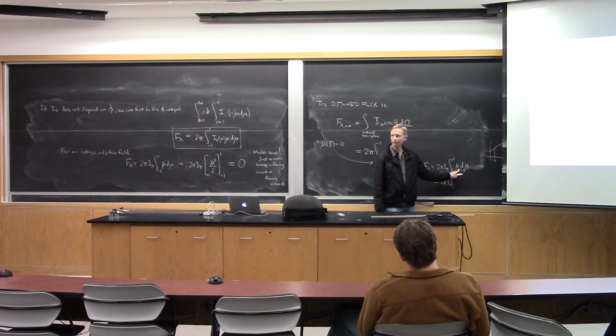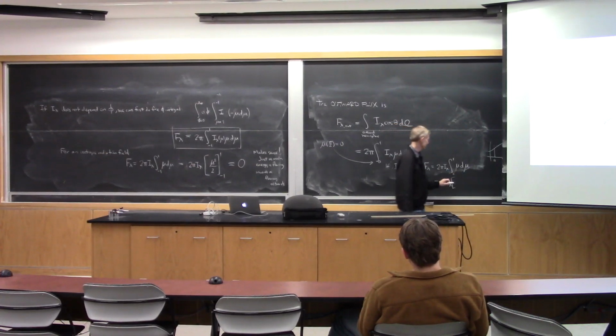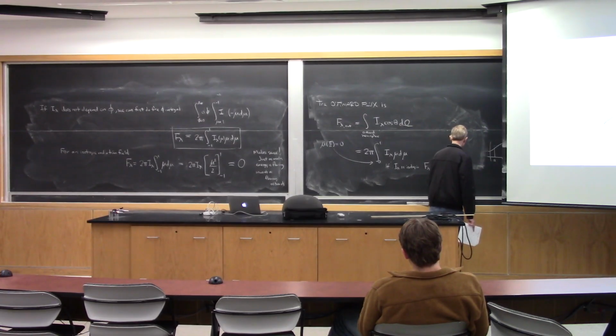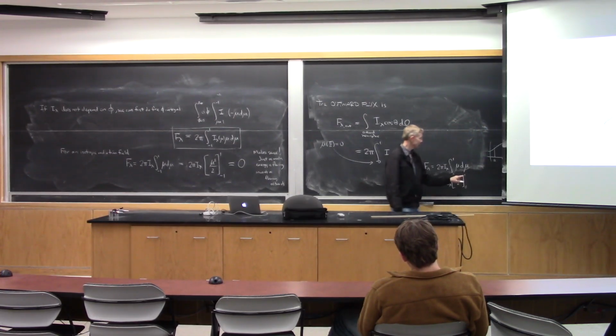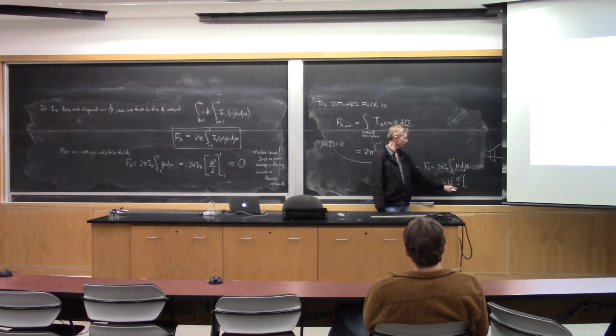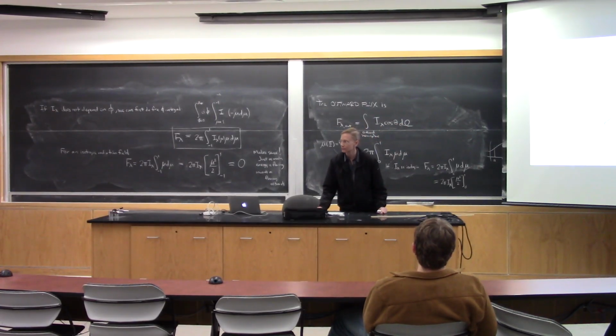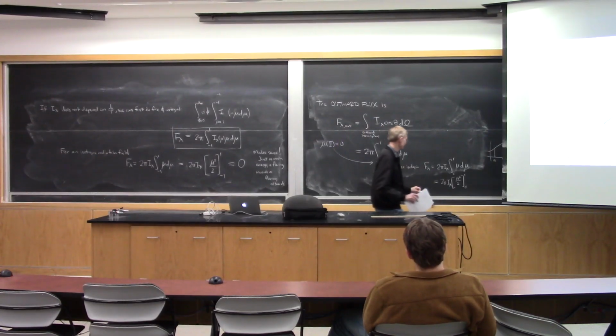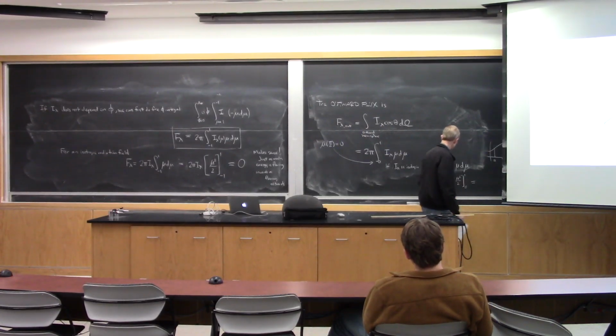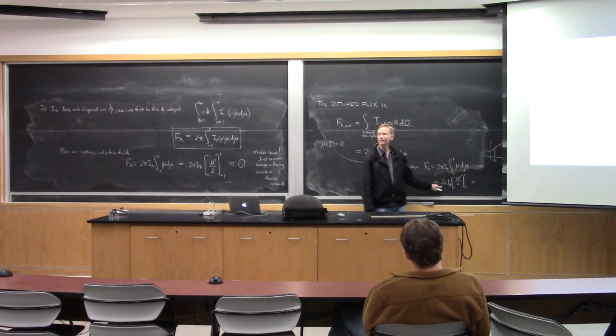What's the antiderivative of mu? Up to a constant, but if it's a definite integral, it subtracts out. Mu squared over 2. This time, we take its value at 1 and subtract its value at 0, so you get 1 squared over 2 minus 0 squared over 2, which is 1/2. That cancels the 2, and you get pi I lambda.